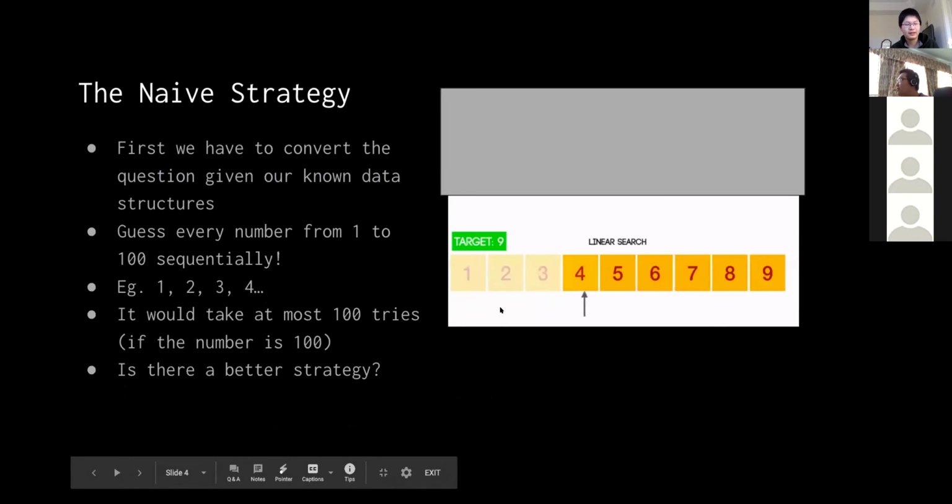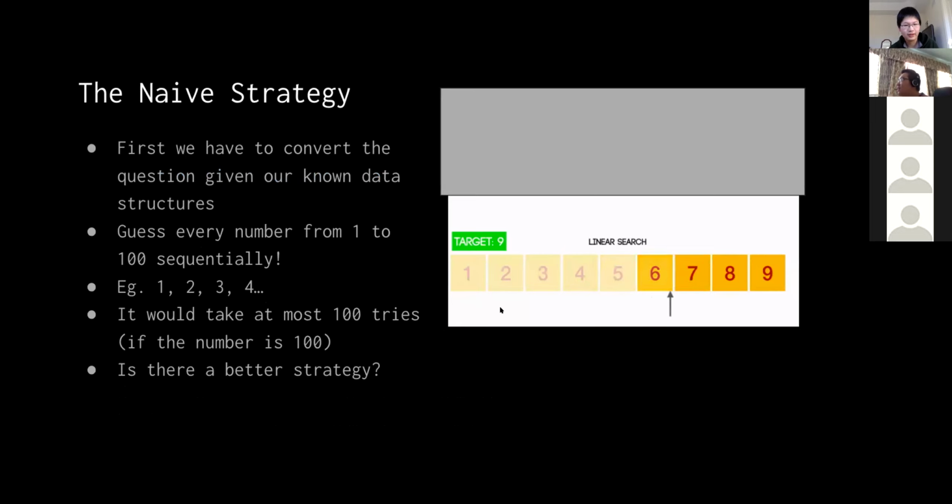So the naive strategy would just be guessing from 1 to 100 all sequentially, and it would take 100 tries. But there's clearly a better strategy that once implemented is much faster than guessing each number by itself. One thing Matthew didn't mention was the previous slide.